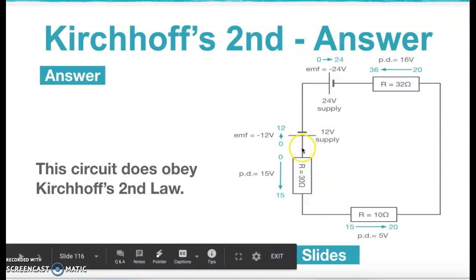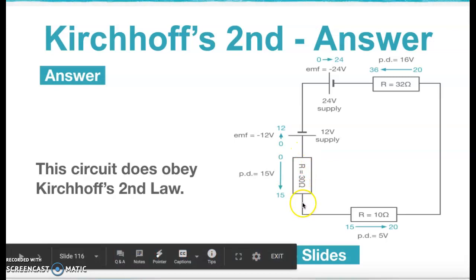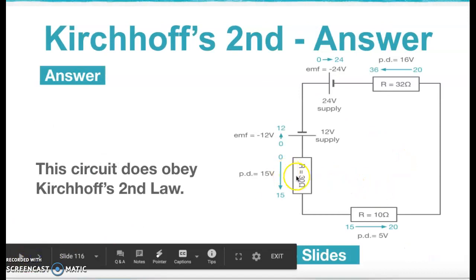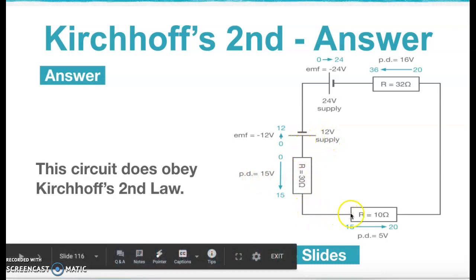So basically what I've got here is V equals IR. Current is, let me have a look, 0.5. So 0.5 times 30 gives me 15 volts. And now I go to my second one, and the current through this one is in the same direction I'm moving in, right? So it's positive 0.5 times 10, which gives me 5 volts.